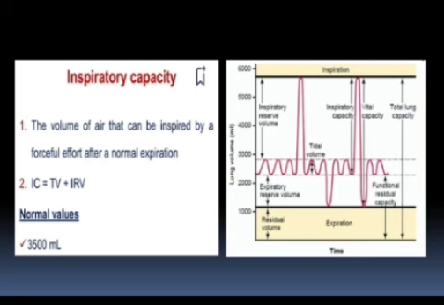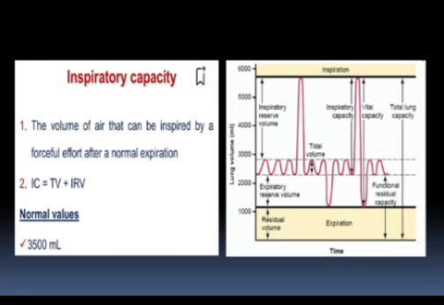Inspiratory capacity. Inspiratory capacity is the sum of tidal volume and inspiratory reserve volume. We say lung capacities are the combination of 2 or more lung volumes.